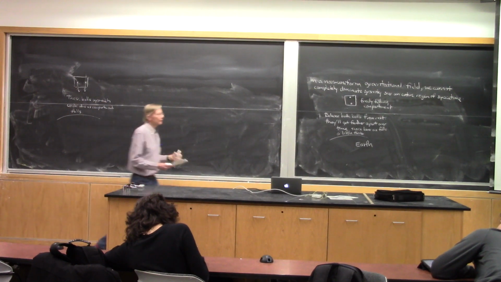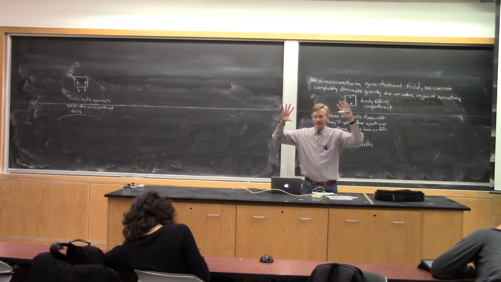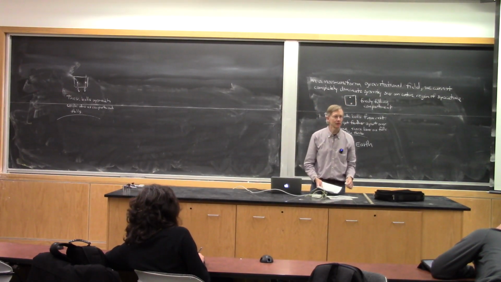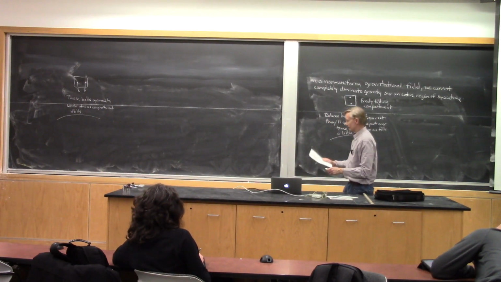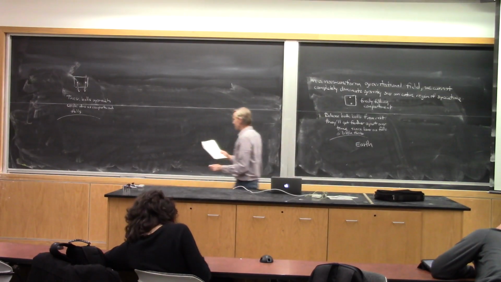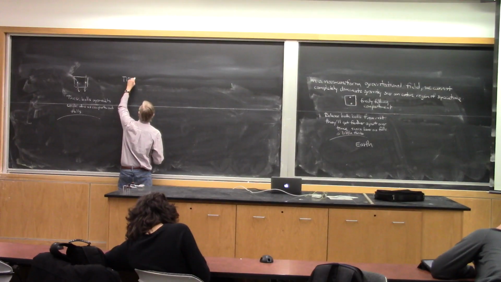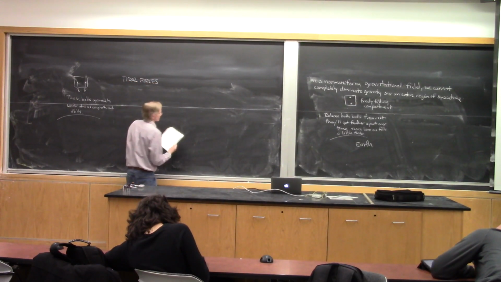The fundamental manifestation of gravity is these so-called tidal forces, the difference in the effects of gravity for objects which are not at the same location. That's fundamentally how gravity manifests itself. Tidal forces. We say tidal forces because that's what raises the tides on Earth.